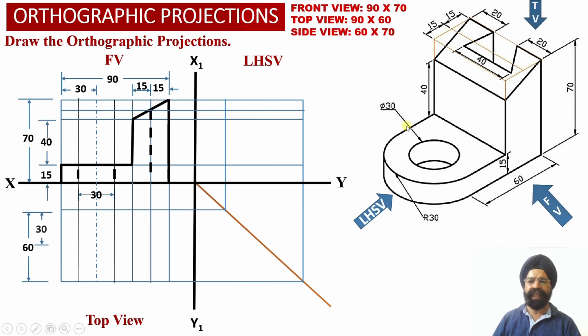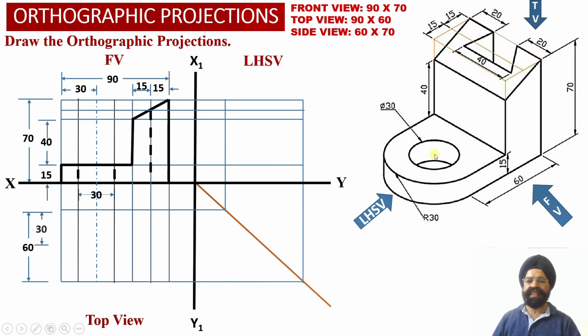So we know that into the top view projections, the depth of the solid happens to be 60 millimeter, while the width of the solid happens to be 90 millimeter. And we also know that this circular hole is located centrally alongside the depth of the solid over here. So the total depth of the solid happens to be 60 millimeter.